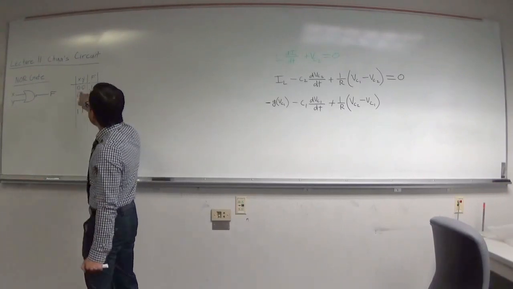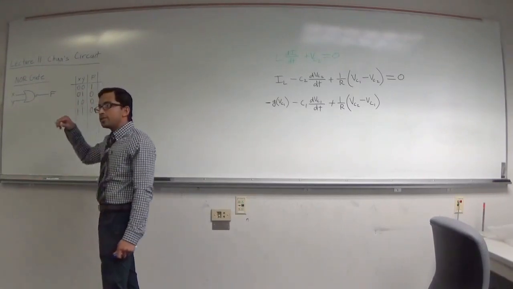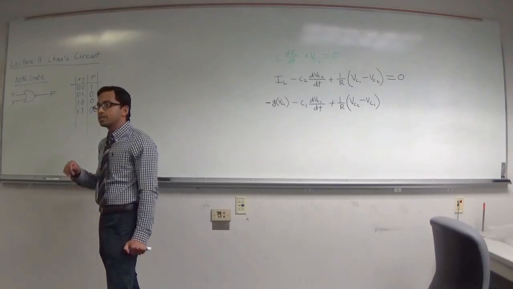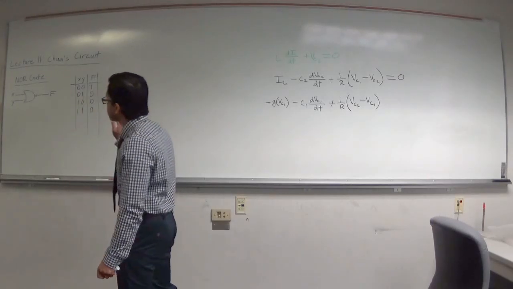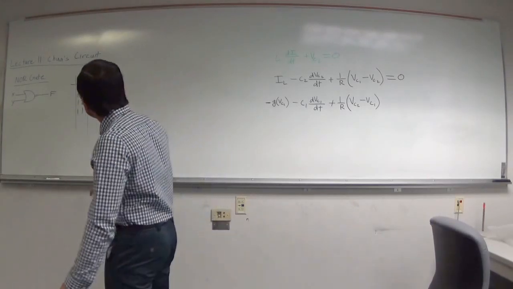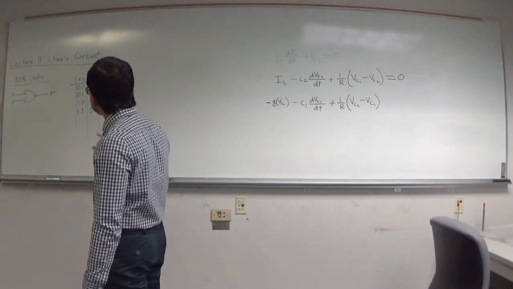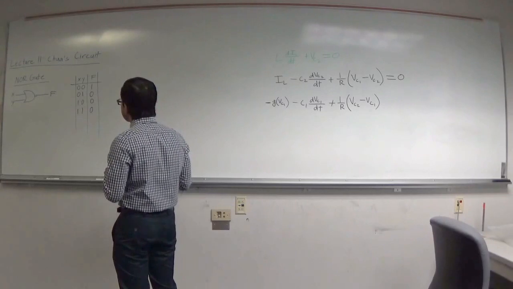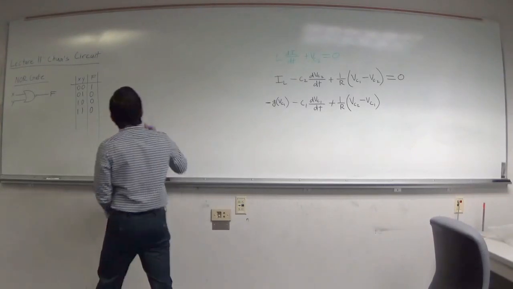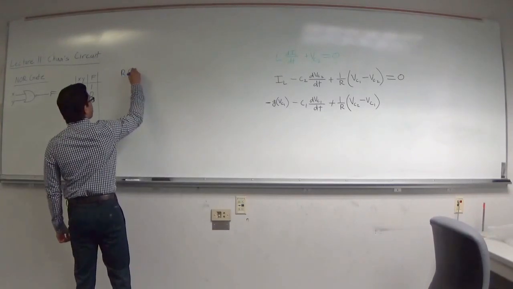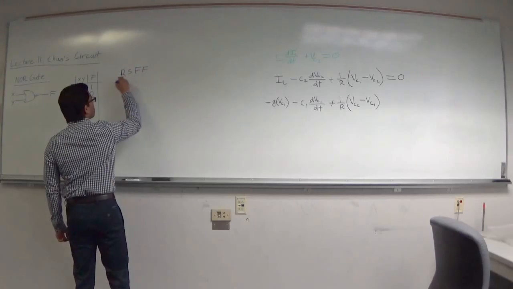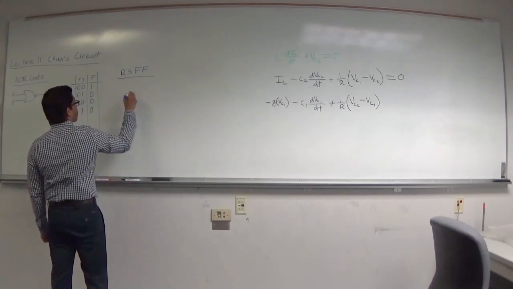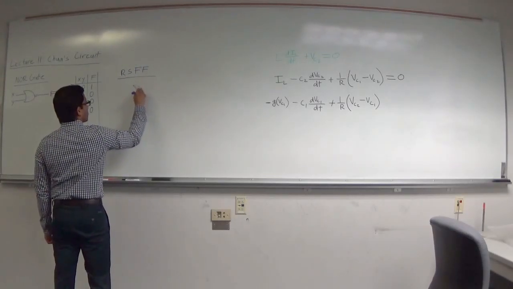So that's basically why if you have 0, 0, then you get a 1, and for everything else you get a 0. So it's just the OR gate that's inverted. So we get this as a truth table, and then from this we can create something called the RS flip-flop. So the RS flip-flop looks like this.